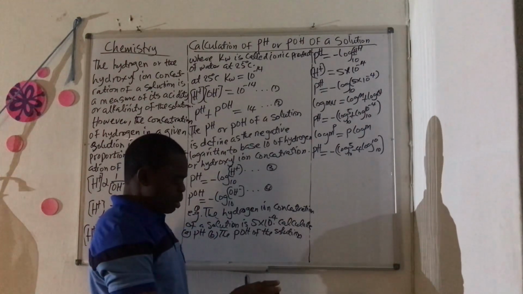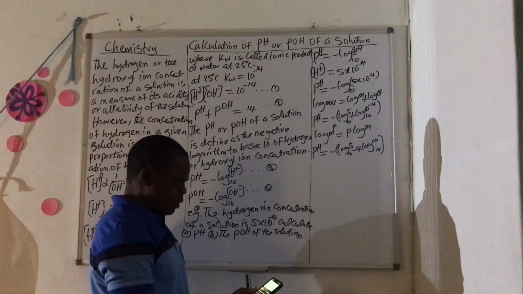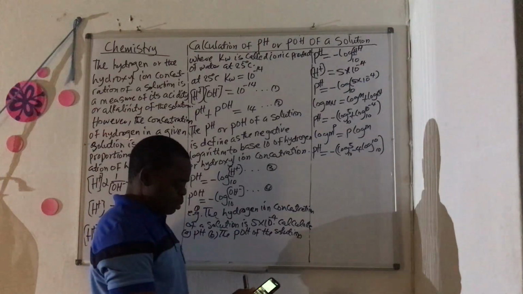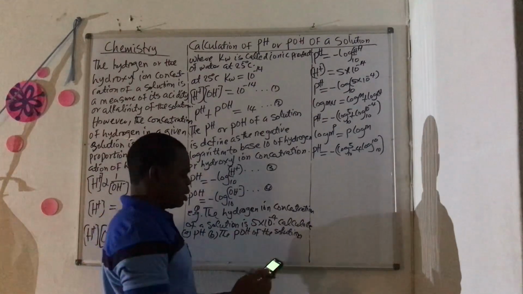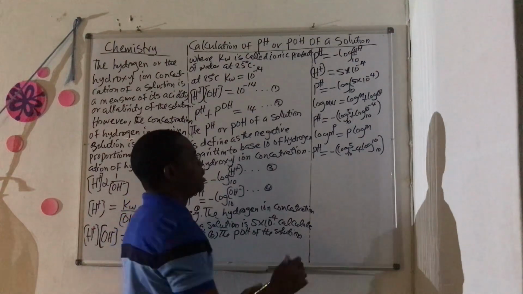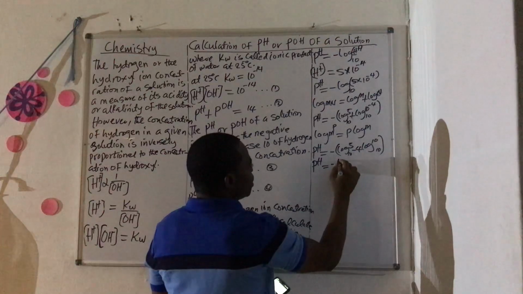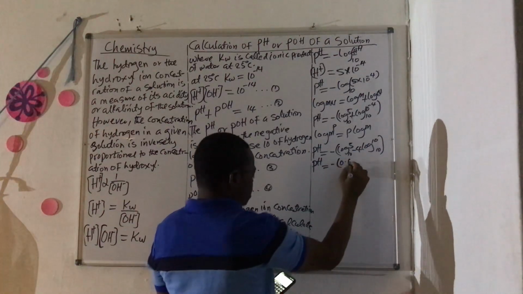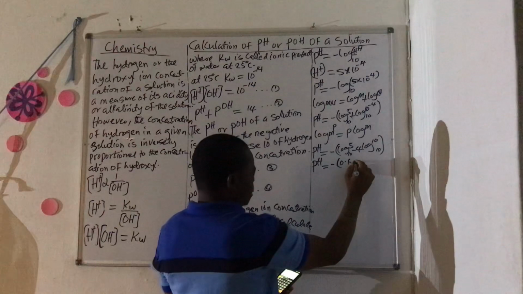Go to your calculator and press log 5. Log 5 is equal to 0.699.